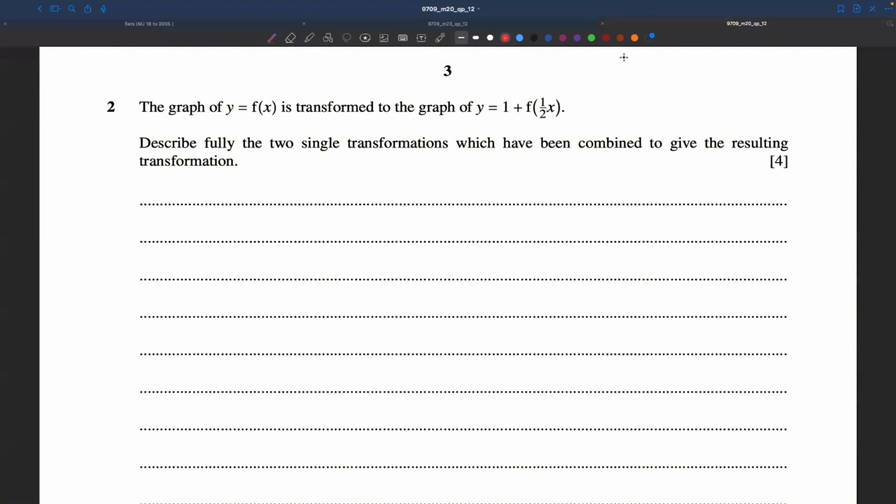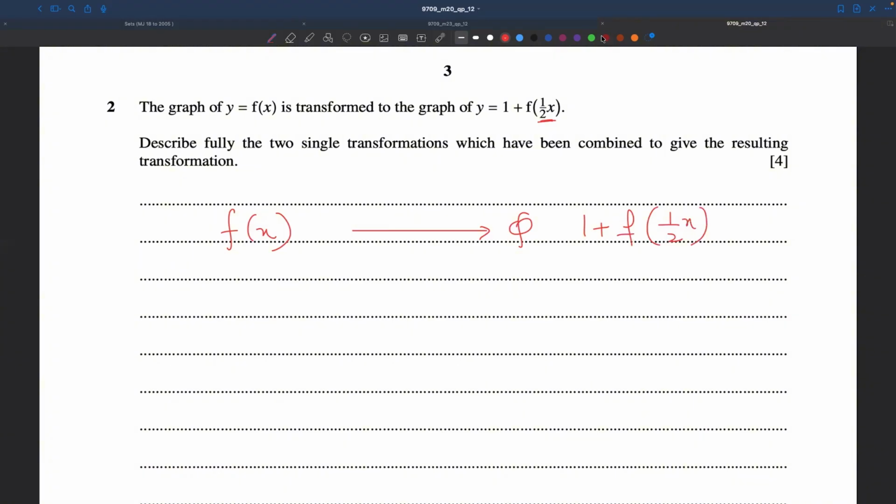It is saying the graph of y equals f of x is transformed to the graph of y equals 1 plus f of half x. Now f of x has been transformed to y equals 1 plus f of half x.